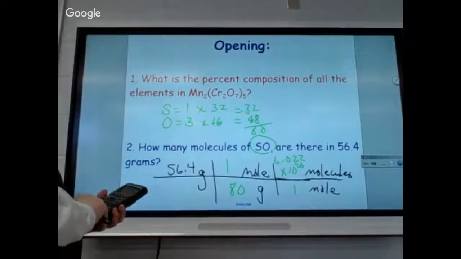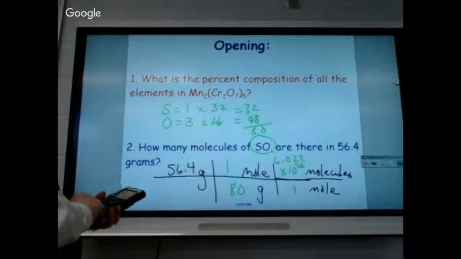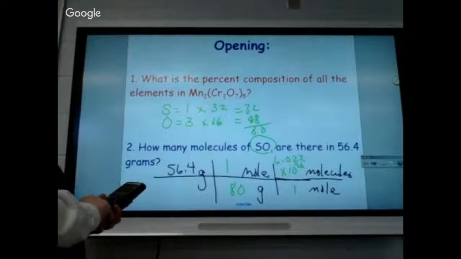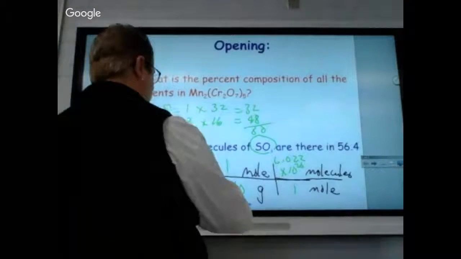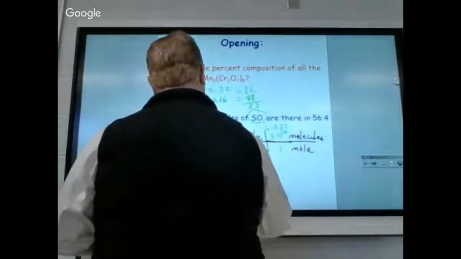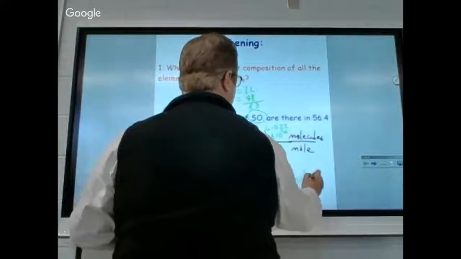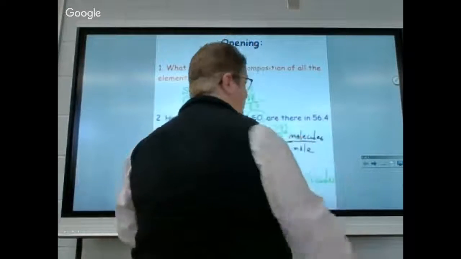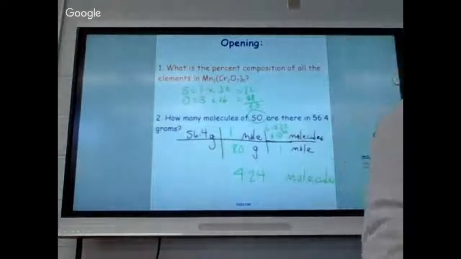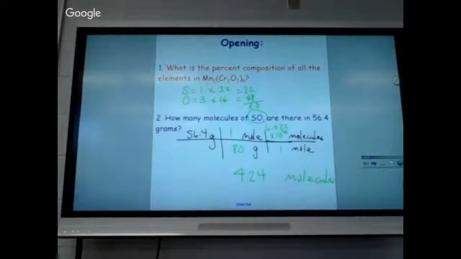So 56.4 times 6.022 E 23, over 80. Now, when I do this, a lot of people wrote down answers like 4.24 molecules, because they forgot to look on their calculator and follow the answer all the way to the end.